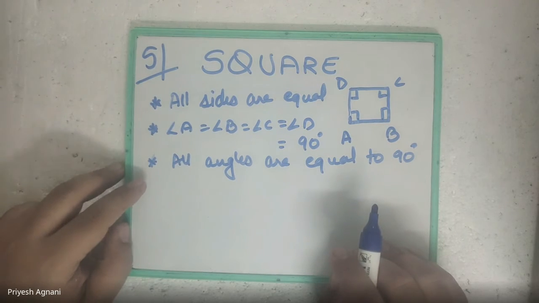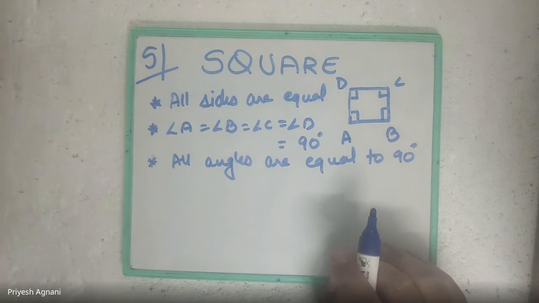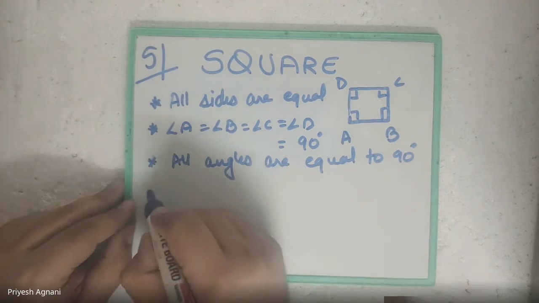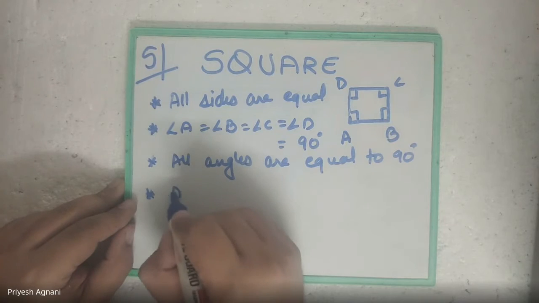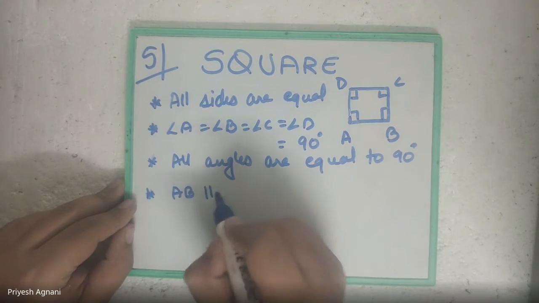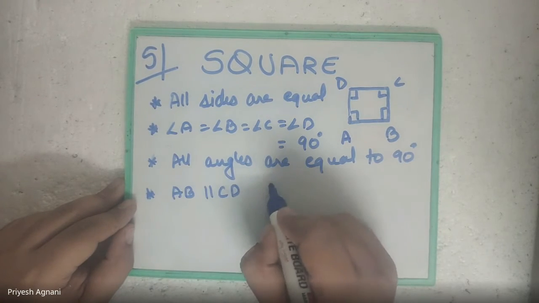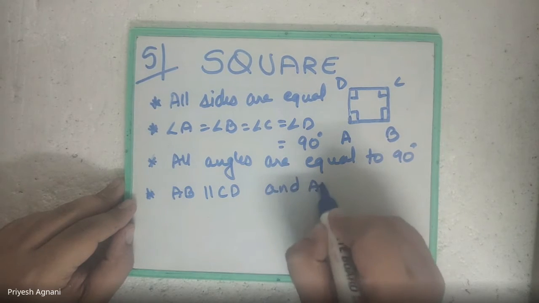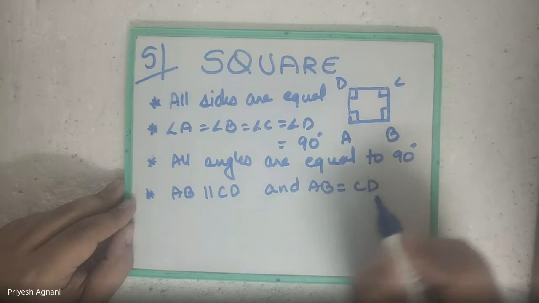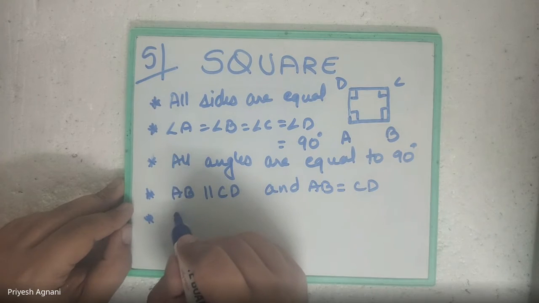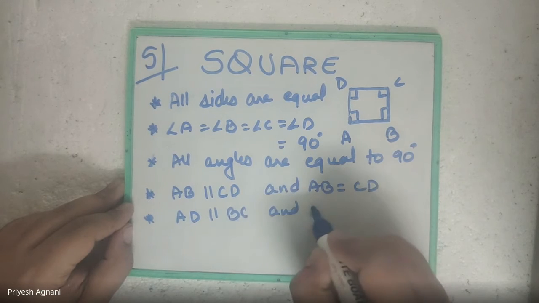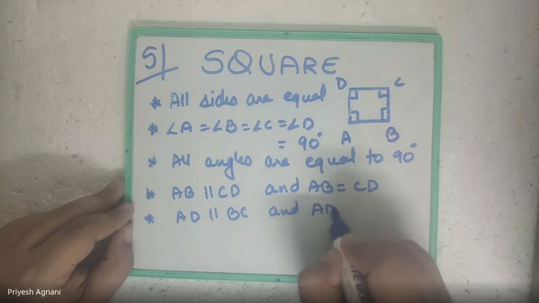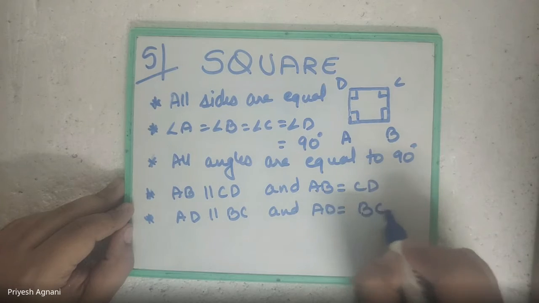Okay. One more thing we are going to see is AB is parallel to CD and AB is equal to CD. AD is parallel to BC and AD is equal to BC.